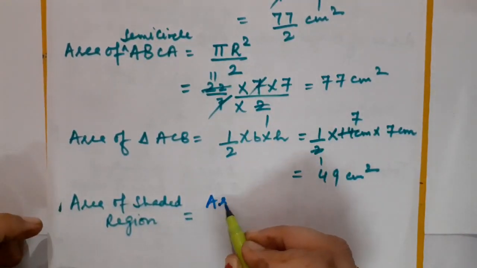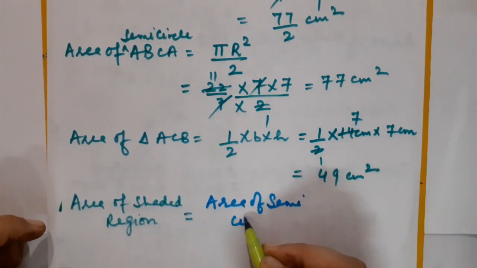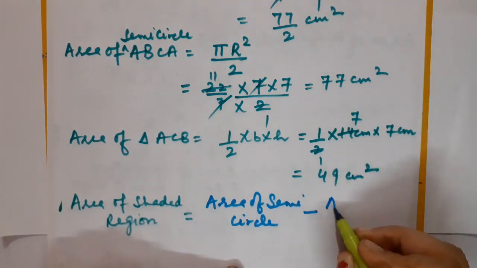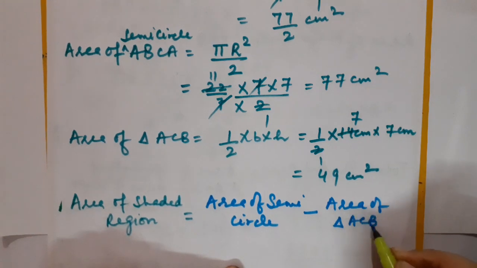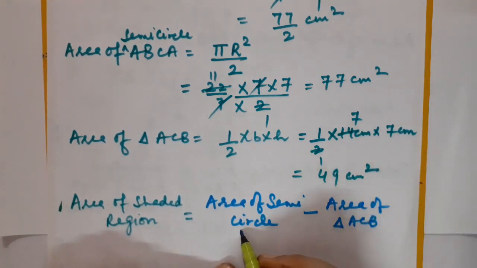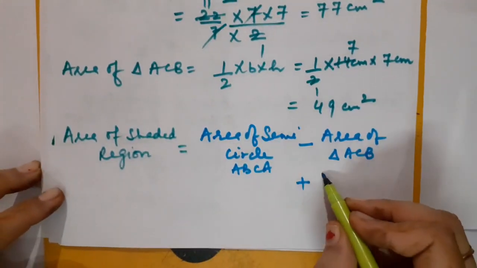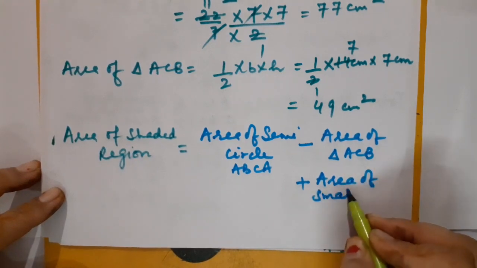From the area of semicircle ABCA, I am going to subtract the area of triangle ACB. And plus, what else will be added? Correct, the area of the smaller circle will be added.